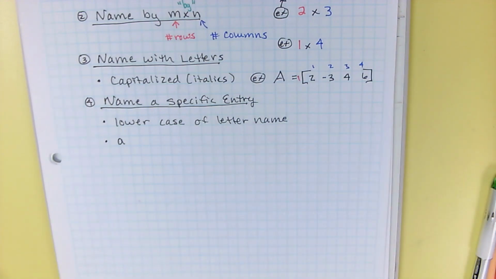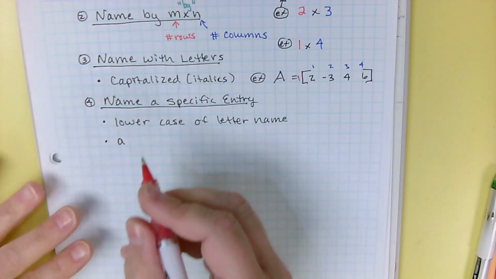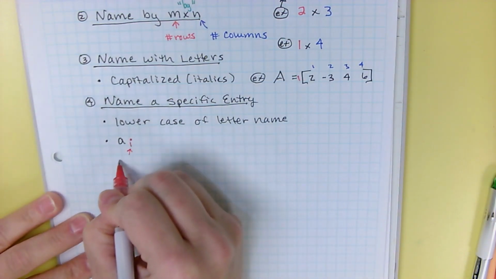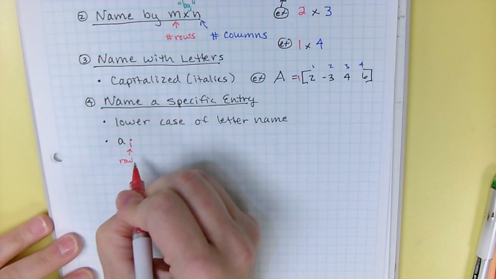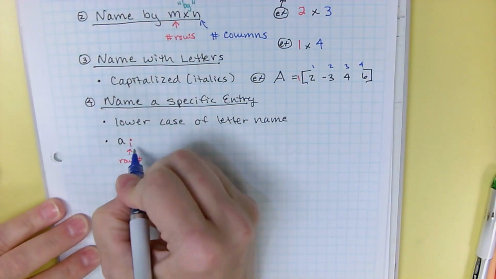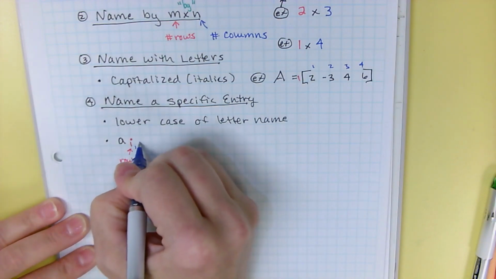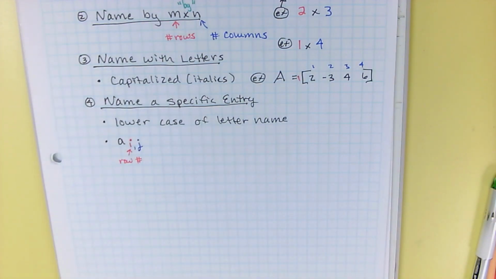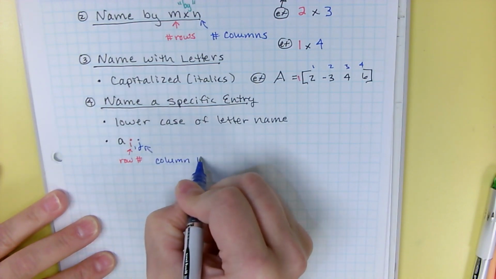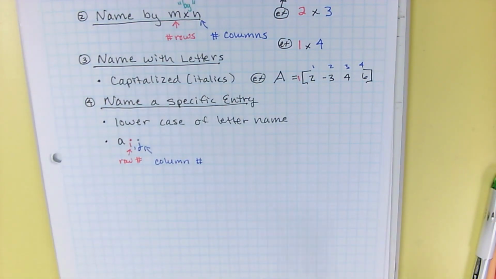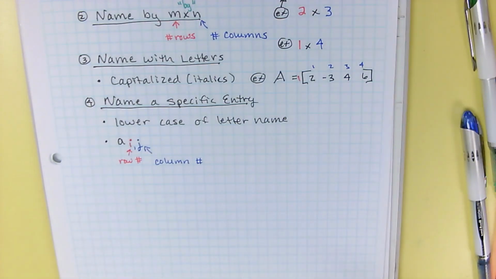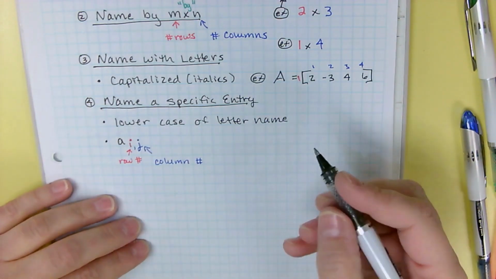And in the subscript, not the superscript, the subscript of it, you have a number i, which comes first, and that refers to the row number of the entry you're talking about. Then there's a comma typically, and then j, and j is the column number that you find it in. So this notation lets you talk about a specific entry given its placement.